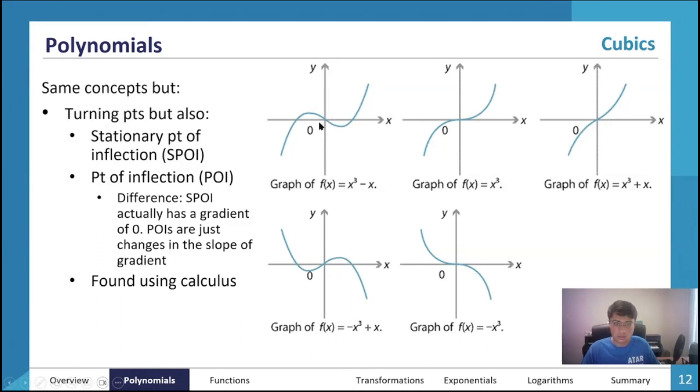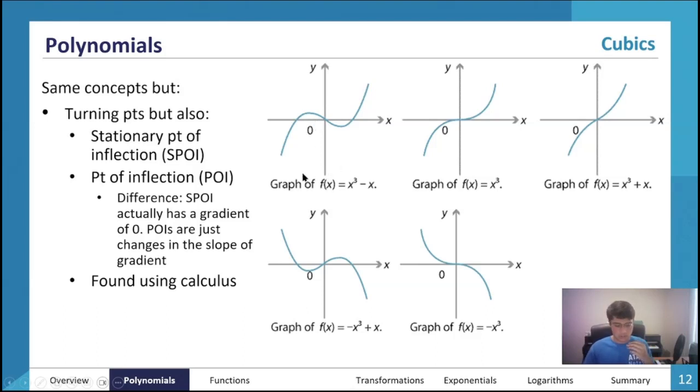This is also a point of inflection right here, though, because we can see at this point, the steepness of the graph is going down, it's getting more and more negative. Eventually it reaches a point here where the gradient is at its greatest negative value. I know it's a bit of a double negative there, but it reaches its greatest negative value, and then the gradient starts increasing towards positive values again, and eventually the graph starts going up again. So this right here is a point of inflection.